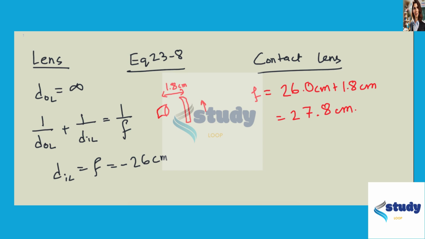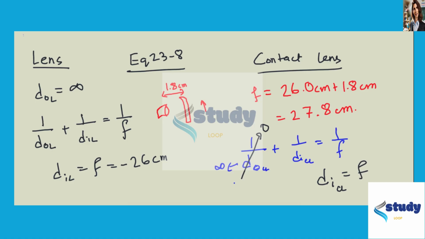And if we want to put that in the equation, we can do that. So in terms of the contact lens, we can say that the equation will be 1 over d object CL plus 1 over d image CL equal to 1 over the focal point. And since again this guy is going to be infinity, this whole term will go to 0, and we'll have d image contact lens, which is equal to the focal point.